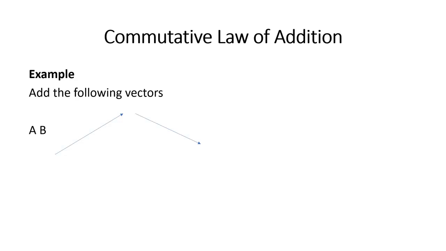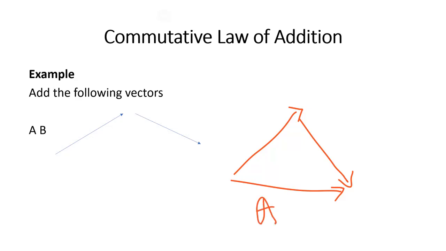Since A and B are traveling in these directions, how are we going to solve this? A goes this direction and B goes this direction. So to find the direction of both paths together, we add them up. So what we'll have is A plus B.